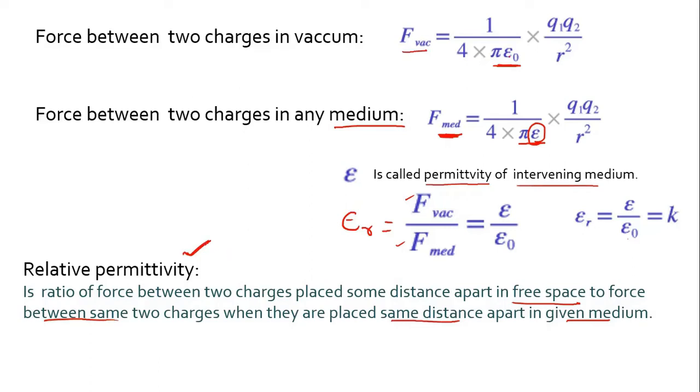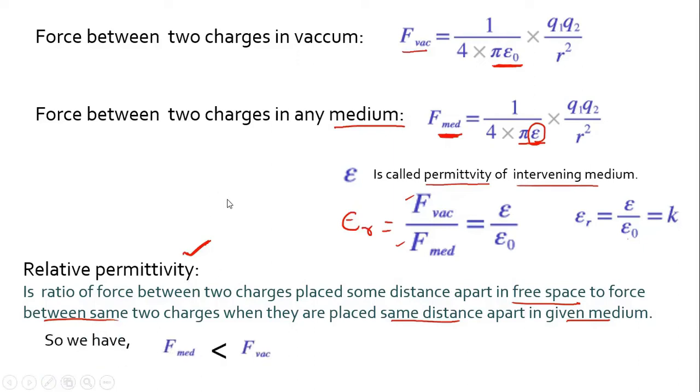Another important concept related to relative permittivity is that it is a dimensionless and unitless quantity. Keep in mind, for epsilon naught we defined the unit in the previous article, where I gave you the unit and value of epsilon naught. But the relative permittivity is unitless and dimensionless. It has only a magnitude.